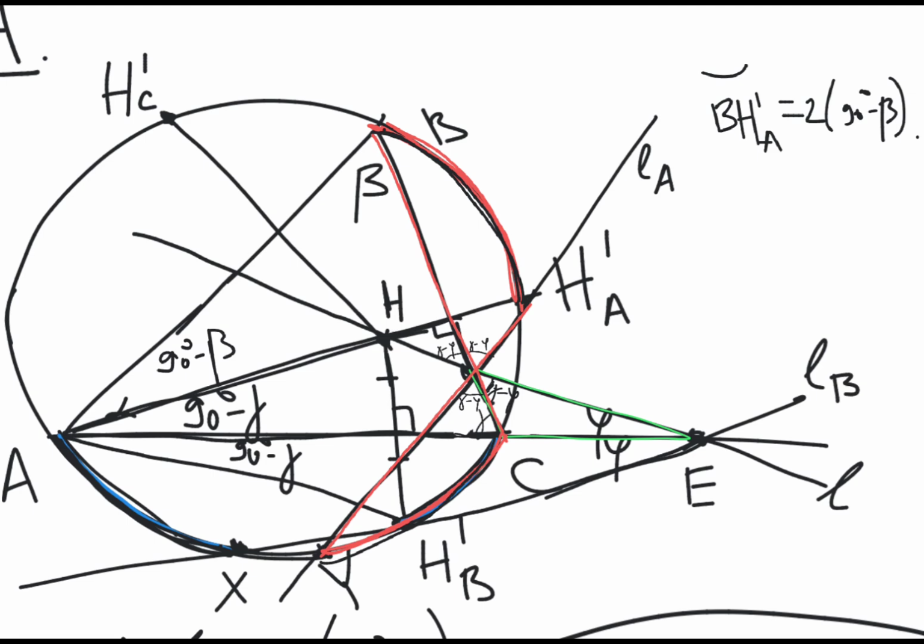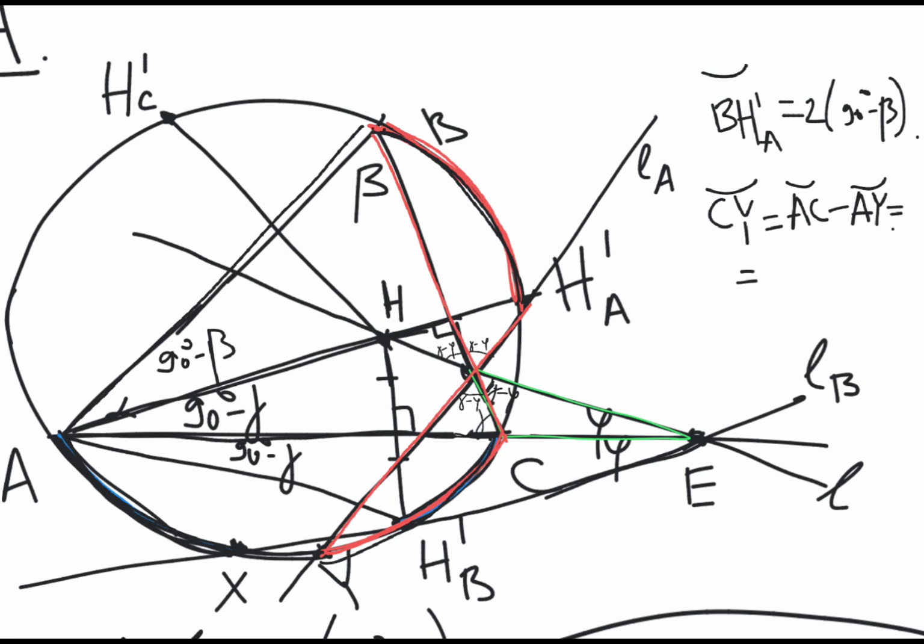So let's write arc CY as the arc AC minus the arc that we want to calculate, so minus AY. And AC we know.